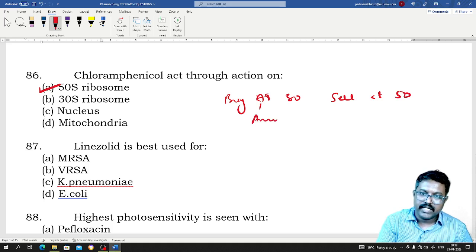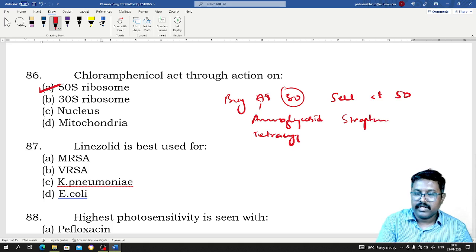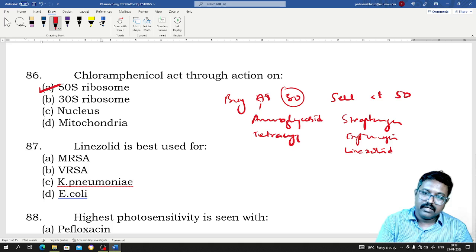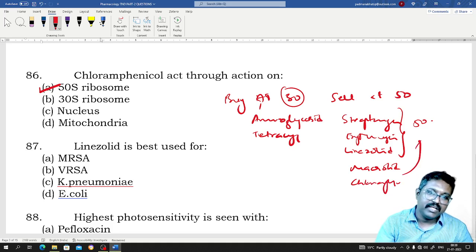So this is aminoglycosides and tetracyclines will act through the 30S ribosomal unit, and we have the sell, that is streptogramins, we have erythromycin, we have linezolid, lincosamides. All these drugs will act at 50. In addition to this, you can add on macrolides, and chloramphenicol will also act on the 50S ribosomal unit.